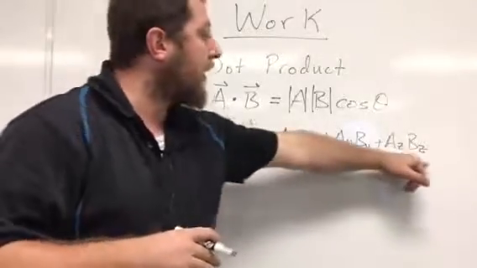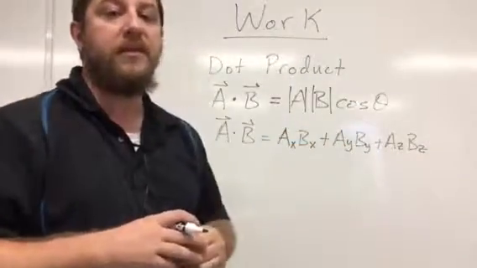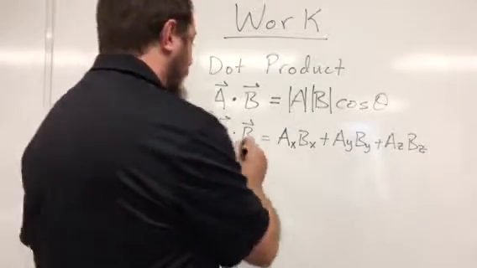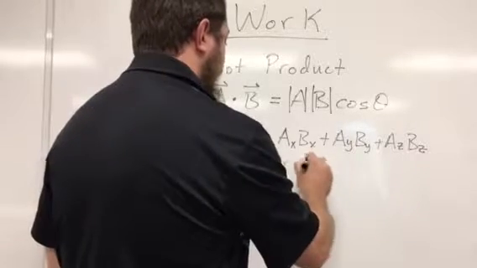And so what I can do is simply sum up these numbers and I get just a number. That's why we call this the scalar product, okay? The dot product is often known as the scalar product.